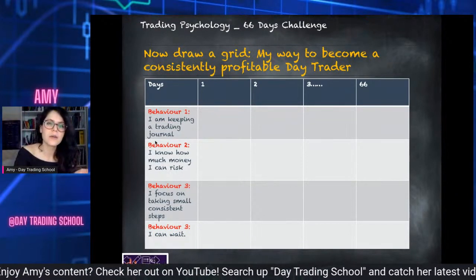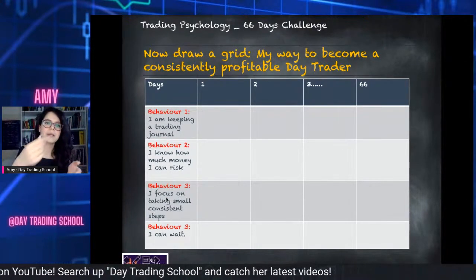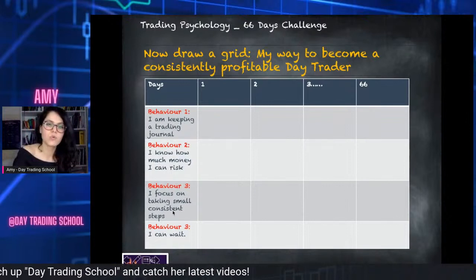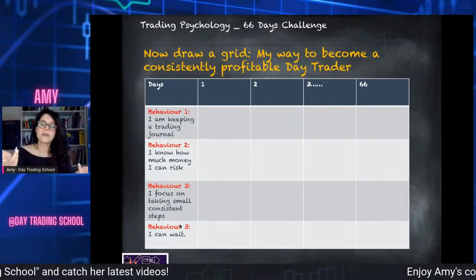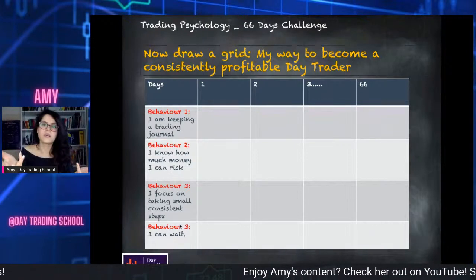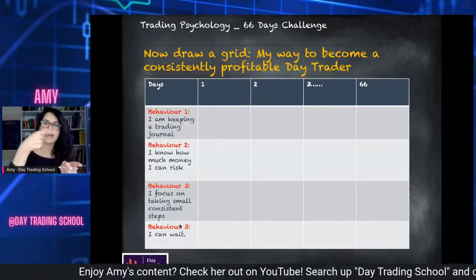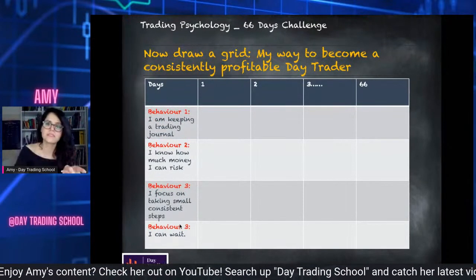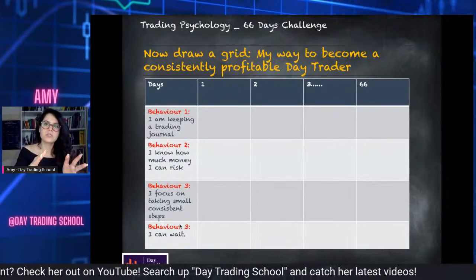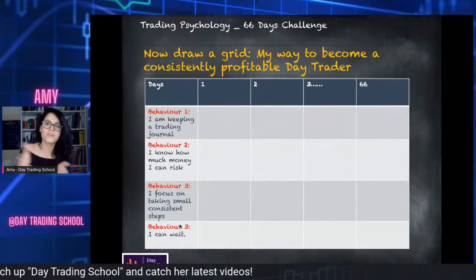That means you can write down things like, I'm keeping a trading journal, I know how much money I can risk, I focus on taking small consistent steps, or I can wait, basically, right? I know how to wait, and I know what to do while I'm waiting for my trade, for an entry signal or for an exit signal. This is very important, and usually the key to success or the path to failure.